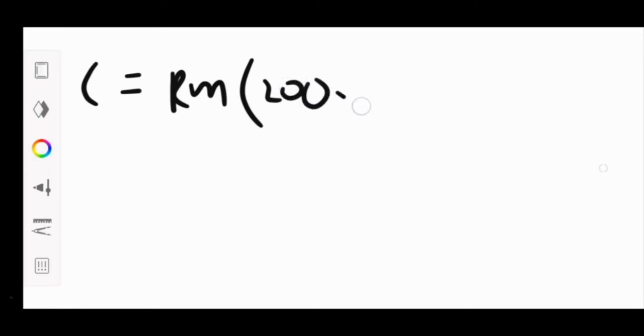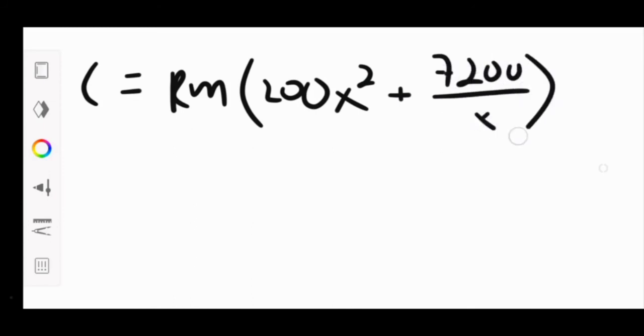To find the minimum cost, we will need to substitute the value of x into the equation of C, which is C equals RM (200x squared plus 7,200 over x), and the value of x is 2.62.